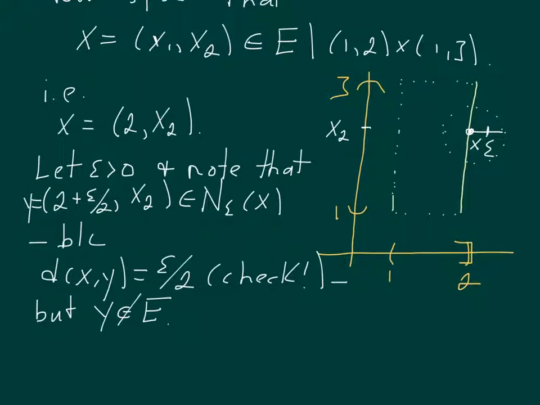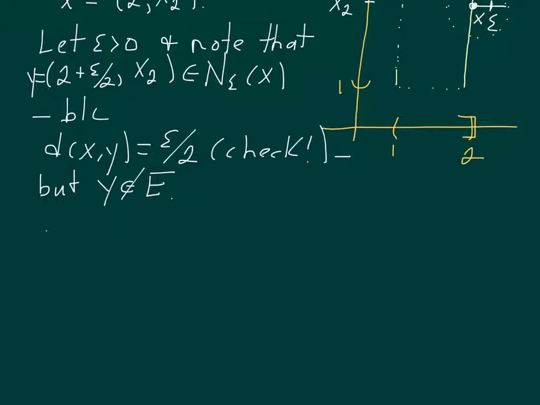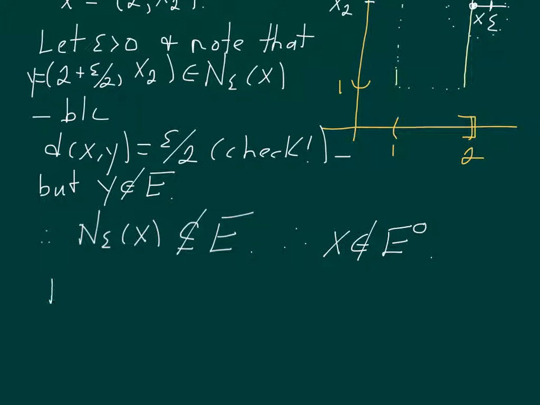Therefore, this epsilon neighborhood about our point x is not contained in E, and this epsilon greater than 0 was arbitrary, so no epsilon neighborhood about x, when x lies along this line here, is going to be contained in E. No x along this line here then is in the interior of E. So this completes the proof.